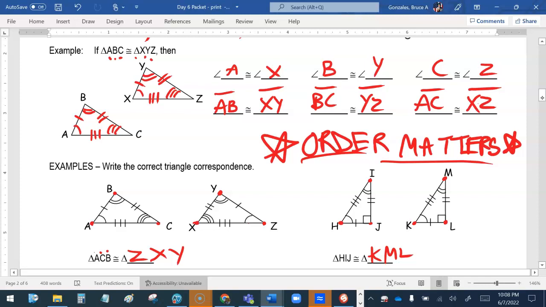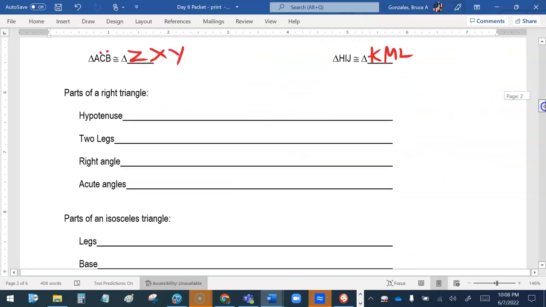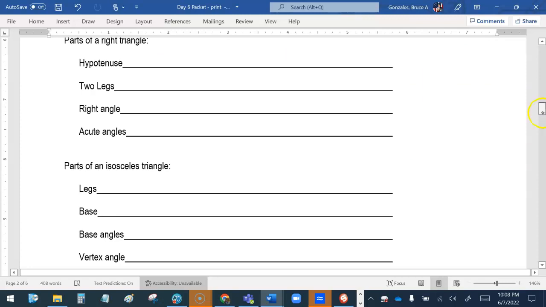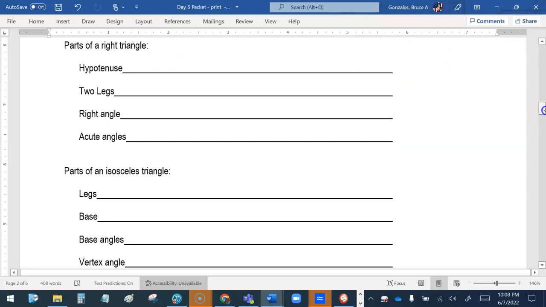All right, last section before our homework, and homework's kind of messed up, but let's try it again. Okay, so part of a right triangle. Okay, so we got hypotenuse, 2 legs, right triangle, acute angles.